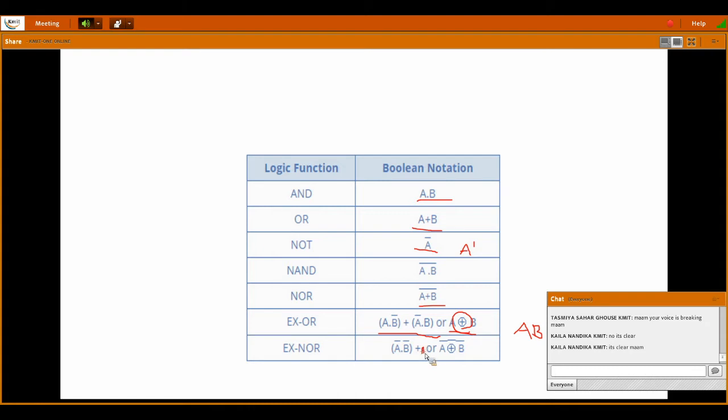Here the two literals were missing. It is AB. I'll write it here. Just now I have already written A bar B bar plus AB.